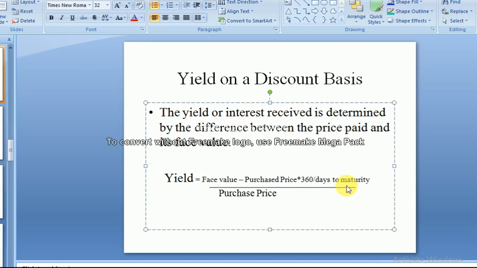Therefore, the yield basis is 67.50 divided by the purchasing price, 940, so 0.0718 or 7.18%. So the bond will be quoted to investors as having a yield basis of 7.18%.